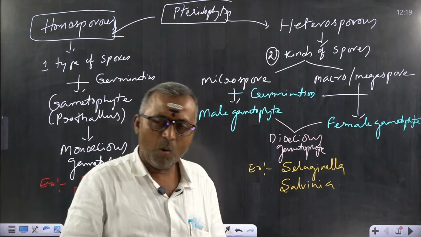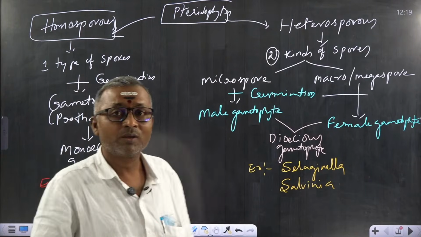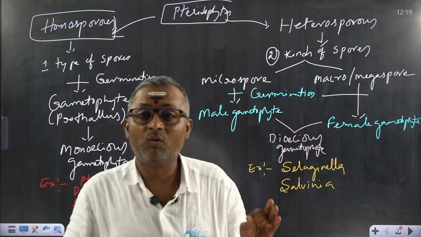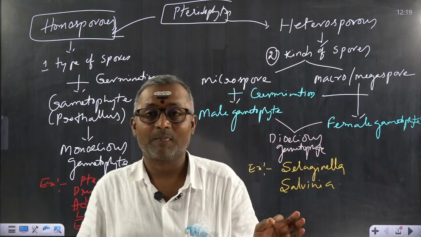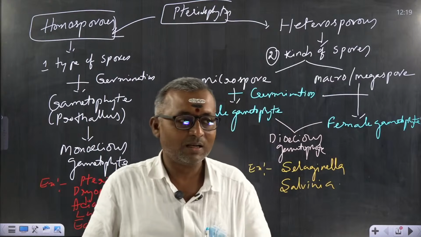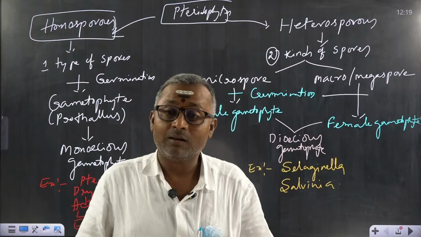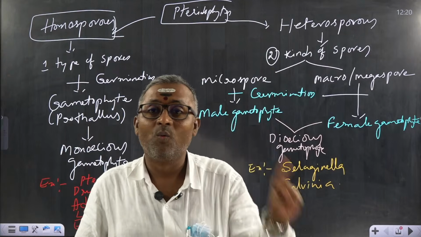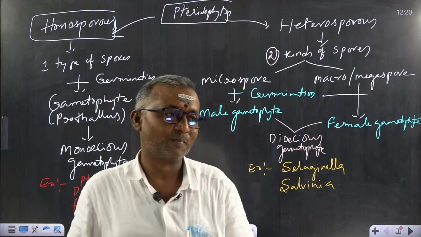One most important thing that you must remember here is, though pteridophytes are true land plants and well adapted to the land habit, still they need water for their fertilization, just like bryophytes.